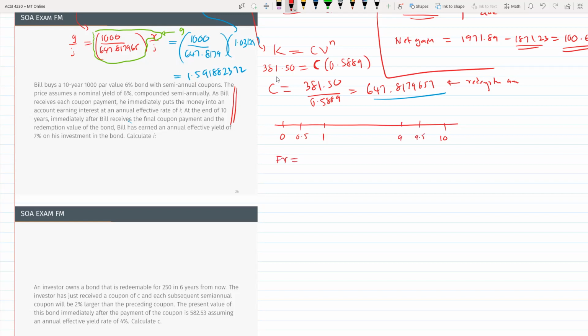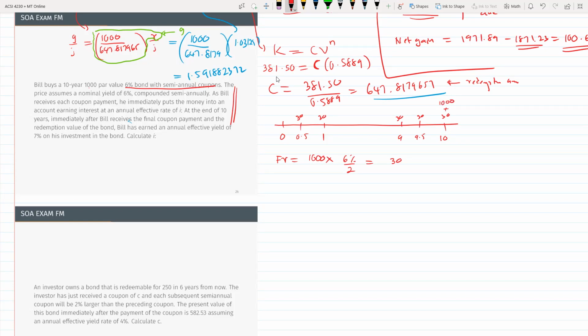Coupon amount is 1,000 times 6% with semi-annual coupon, so it's 30. And then it says par value bond, so the redemption amount is going to be 1,000.